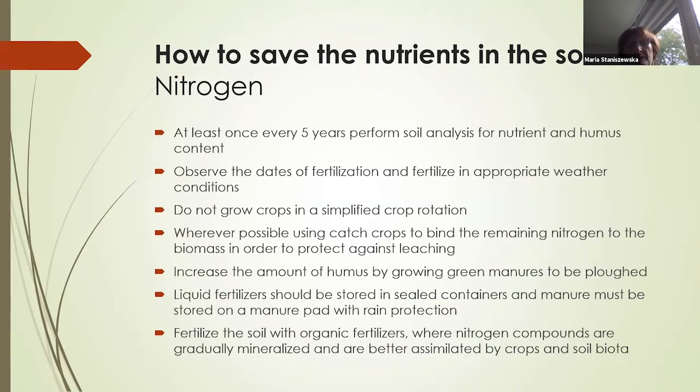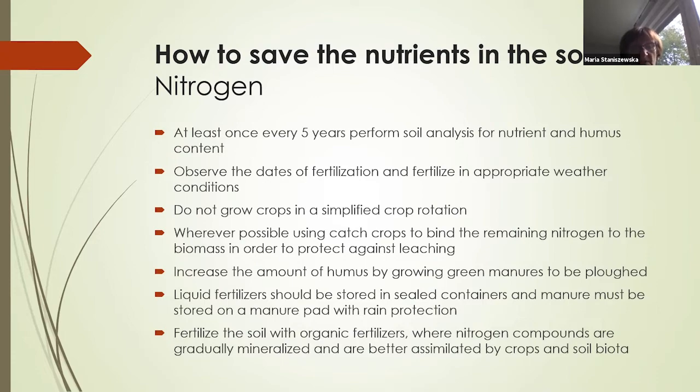Where possible, use catch crops to bind remaining nitrogen in the biomass in order to protect against leaching. Increase the amount of humus by growing green manures to be ploughed. Liquid fertilizers should be stored in sealed containers, and manure must be stored on a manure pad with rain protection. That's also very important to avoid losses.